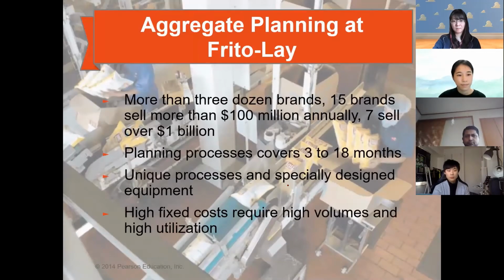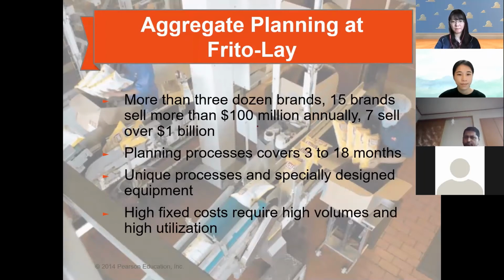Frito-Lay is a food manufacturing company. If you have taken food like potato chips and all those snacks, this is more than 3 dozen brands. 15 brands sell more than 100 million annually, and 7 sell over 1 billion.